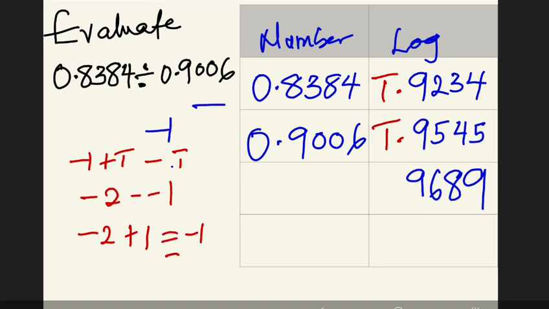We write this minus 1 as bar 1. So the final answer is bar 1.